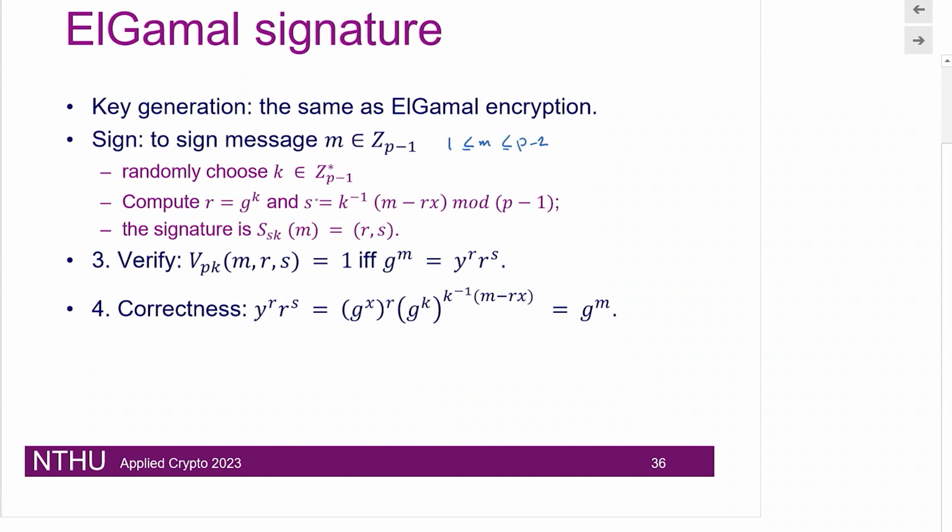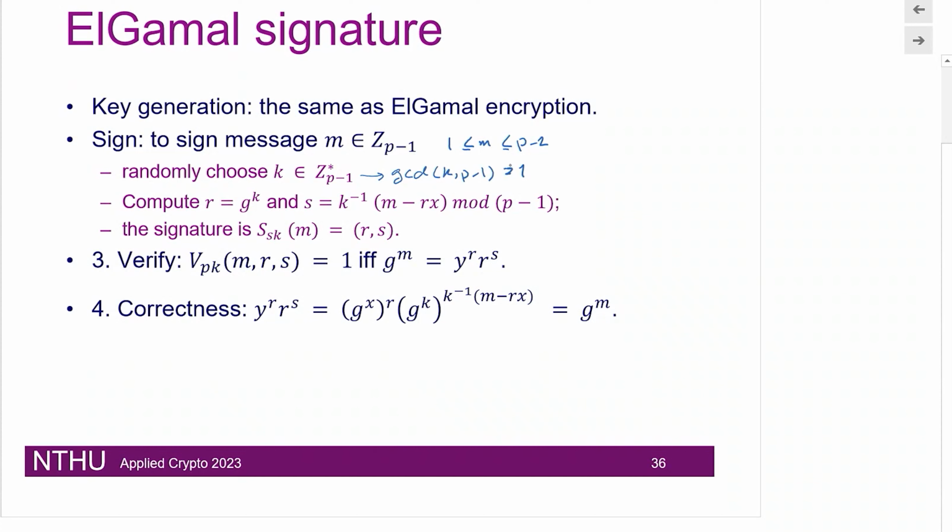So in order to sign, we need to find a key, a randomness k from Z_{p-1} star. Remember that this means that the GCD of k and p-1 is 1.